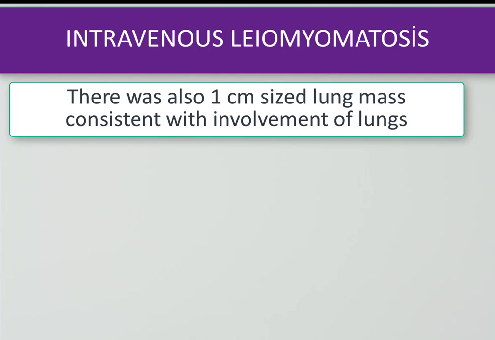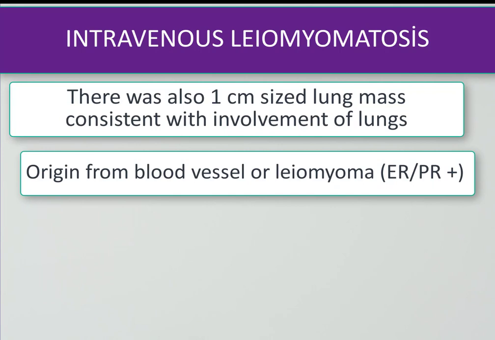There are some hypotheses about how it originates. It could originate from smooth muscle cells of the blood vessels, or from a leiomyoma in the uterus, because most of the patients underwent some uterine surgeries such as cesarean section.